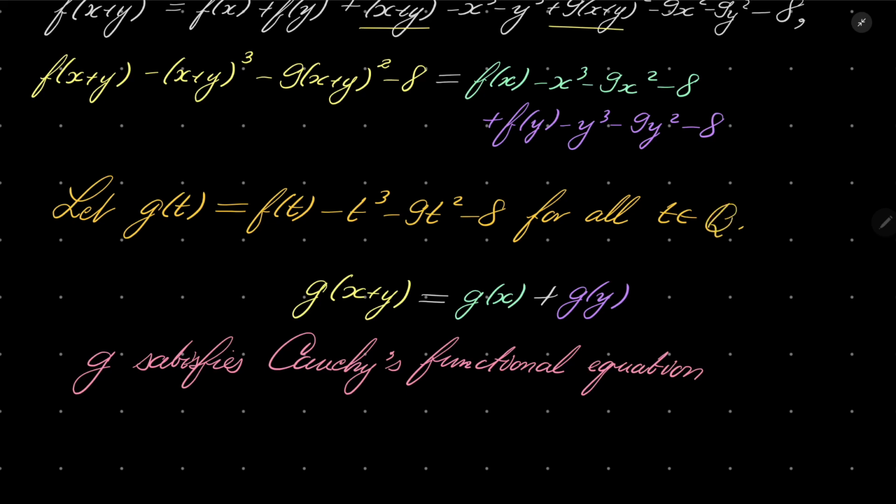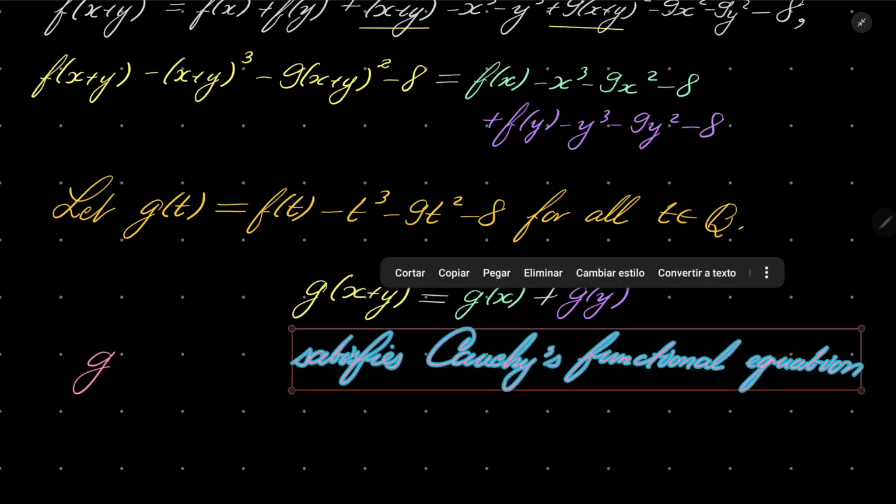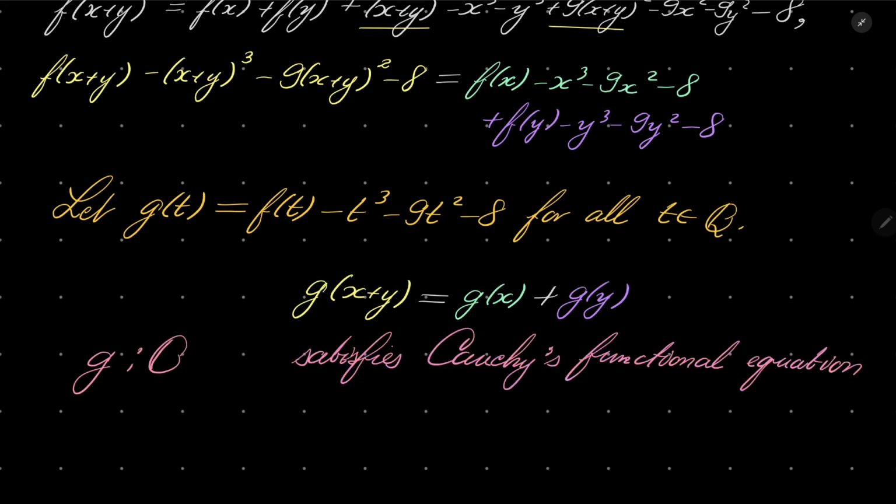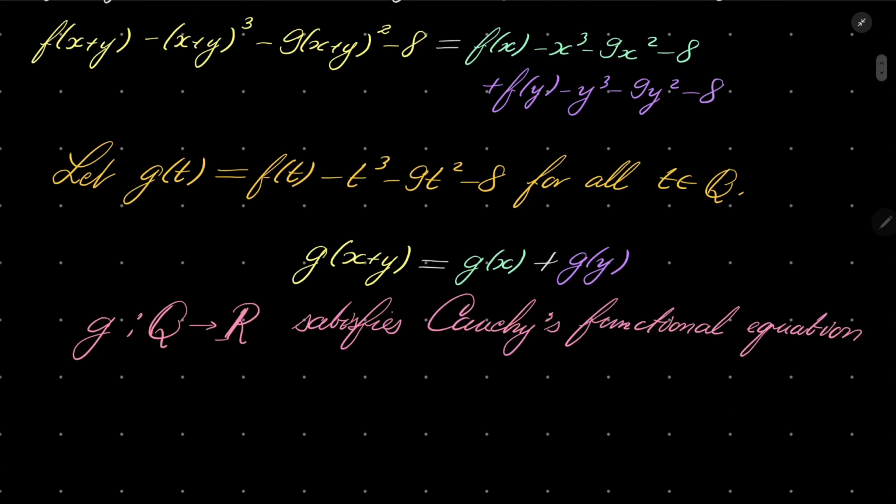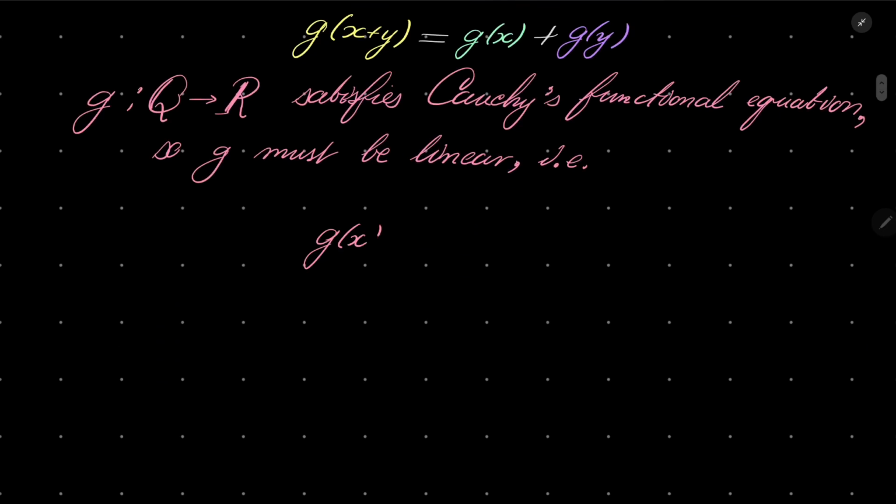Sorry, because we are dealing with rational numbers, so maybe let's write it that our function going from the set of rational numbers into the set of real numbers satisfies Cauchy functional equation. So g must be linear, i.e. g of x equals ax for some constant a.